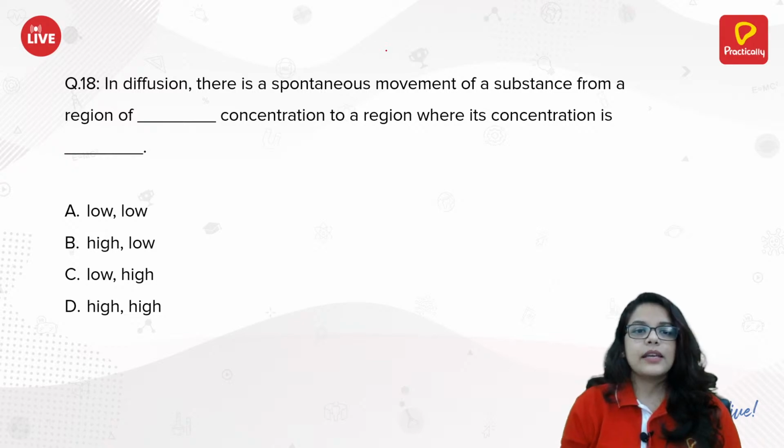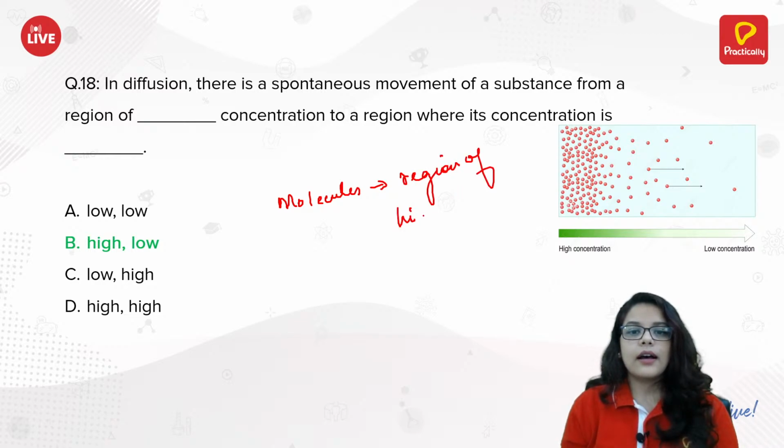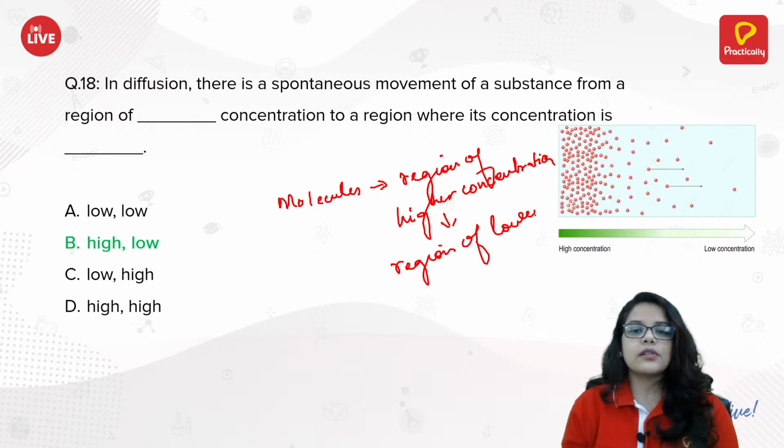Next. In diffusion, there is a spontaneous movement of a substance from a region of dash concentration to a region where its concentration is dash. So what happens in diffusion? The molecules move from a region of higher concentration to a region of lower concentration.